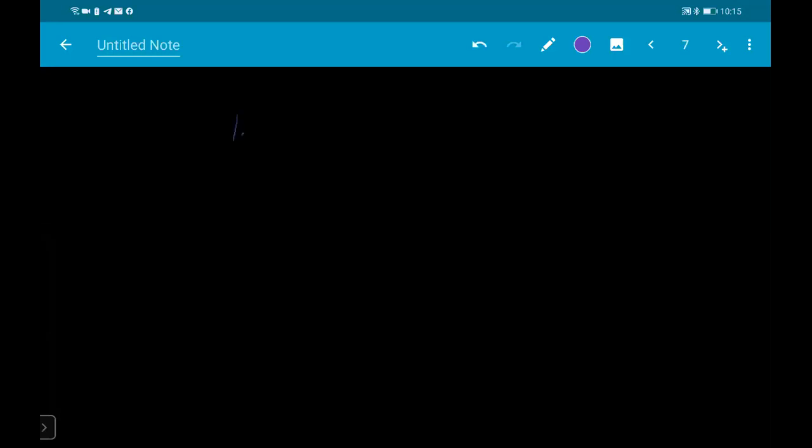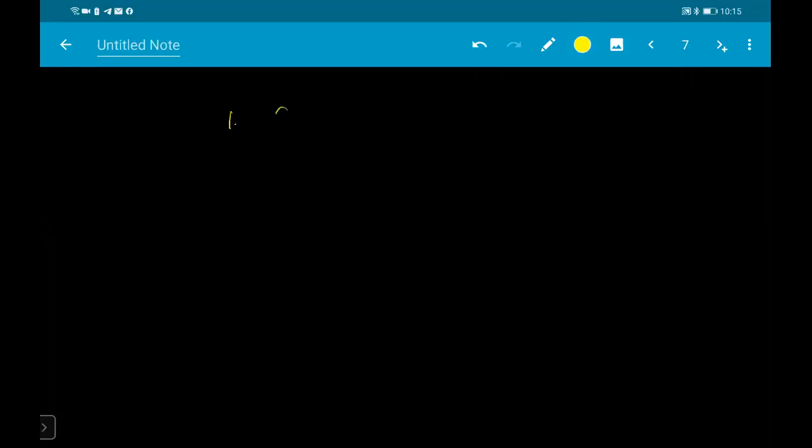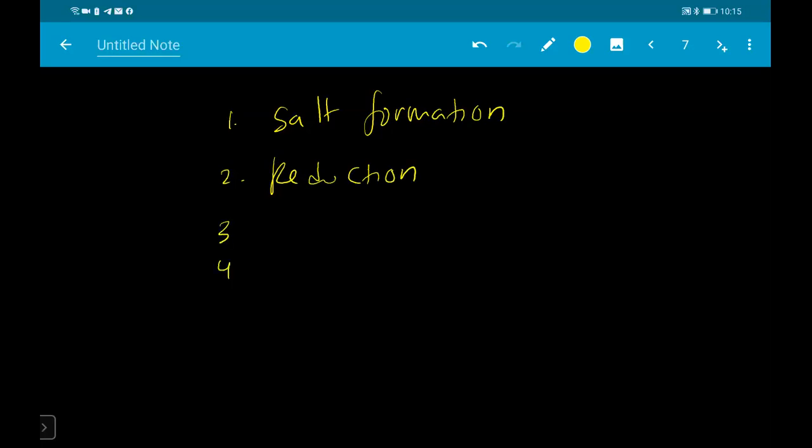Okay, I write again. First one is the salt formation. Second one is reduction. Okay, the third one, the fourth one, and also fifth one. First one convert to acyl halide.